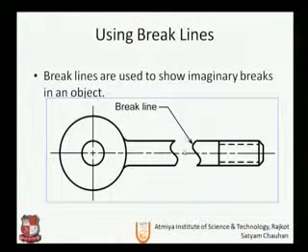Now the use of the break line. The break lines are used to show imaginary breaks in the object. So these lines represent the imaginary break. So this will be a break line to show the section.